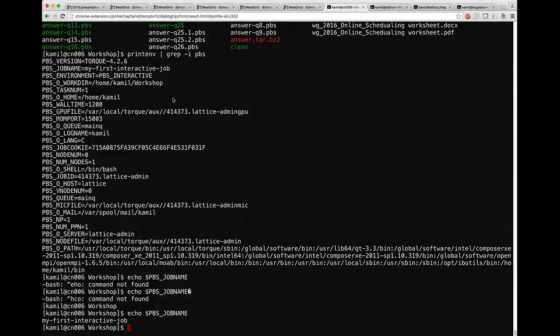Or we could just look at the environment variables when we printed them here. It should be among them here.